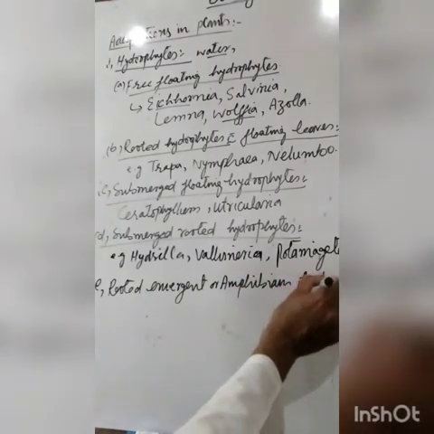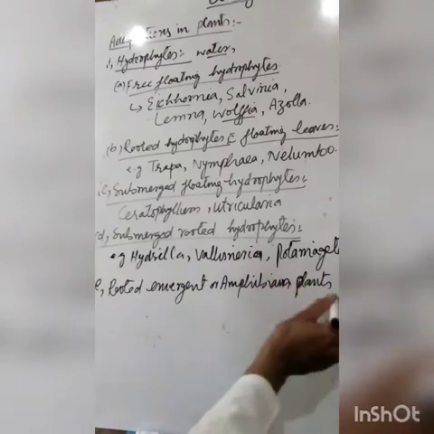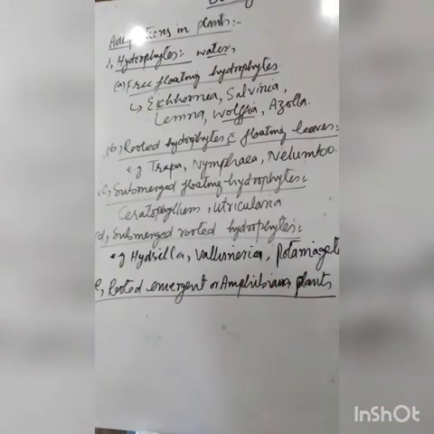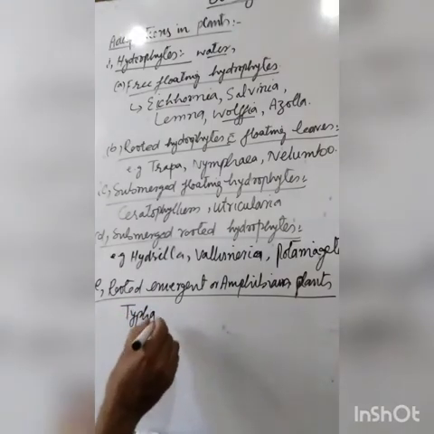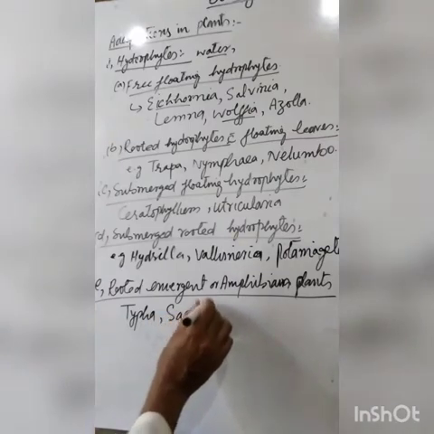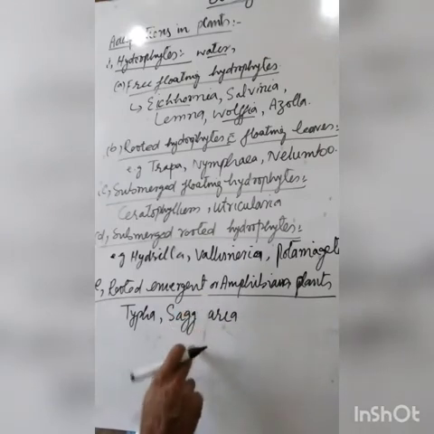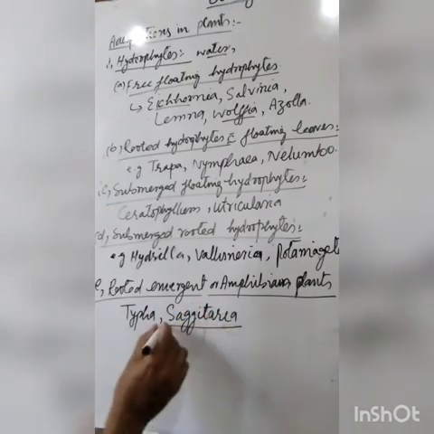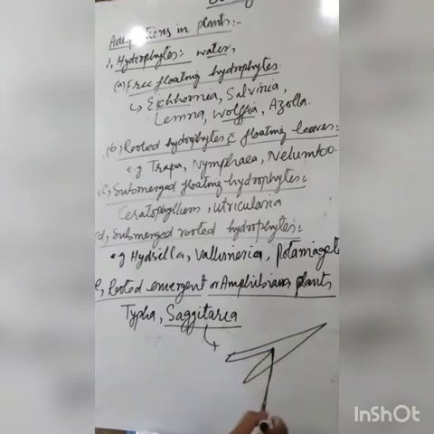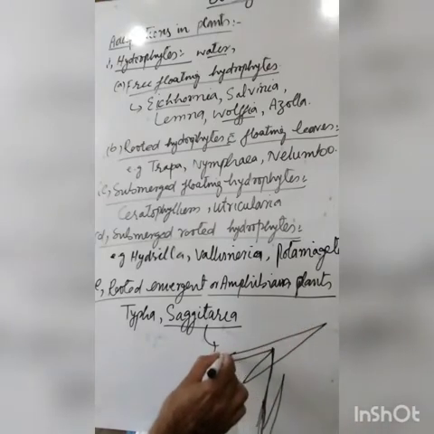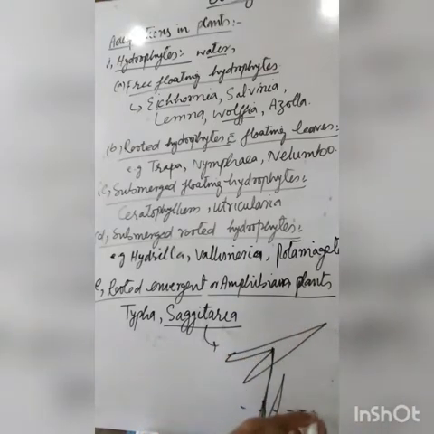They are partially inside the water and partially outside the water. Typha, Sagittaria. I told you earlier, this Sagittaria has two types of leaves. The leaves that are inside the water are like this, but the ones outside the water are like this. It is partially in water.